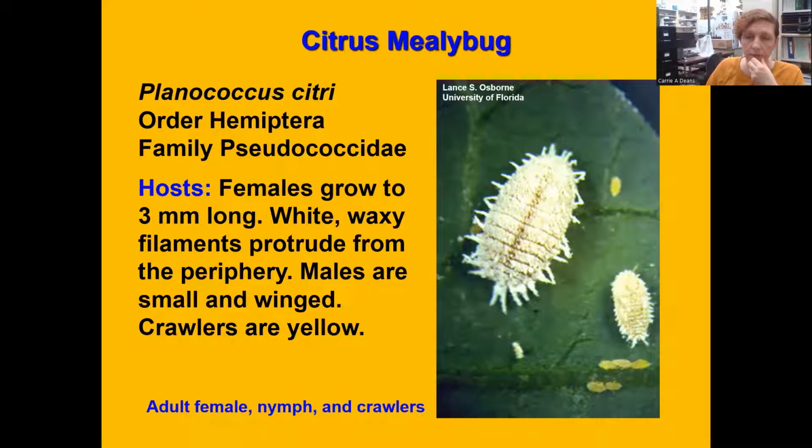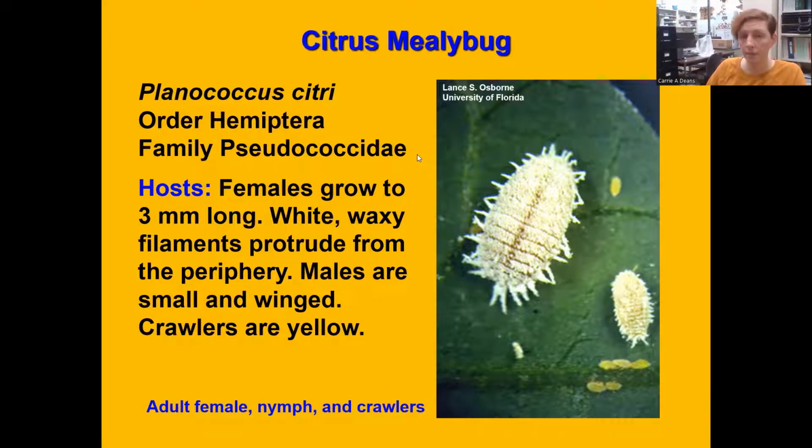All right, so we talked a little bit about how some of these scale insects can look a lot like mealybugs, and that's because they're actually very similar to mealybugs. Taxonomically, mealybugs are considered a separate family, so they're the Pseudococcidae family. But biologically, scales and mealybugs are quite similar.